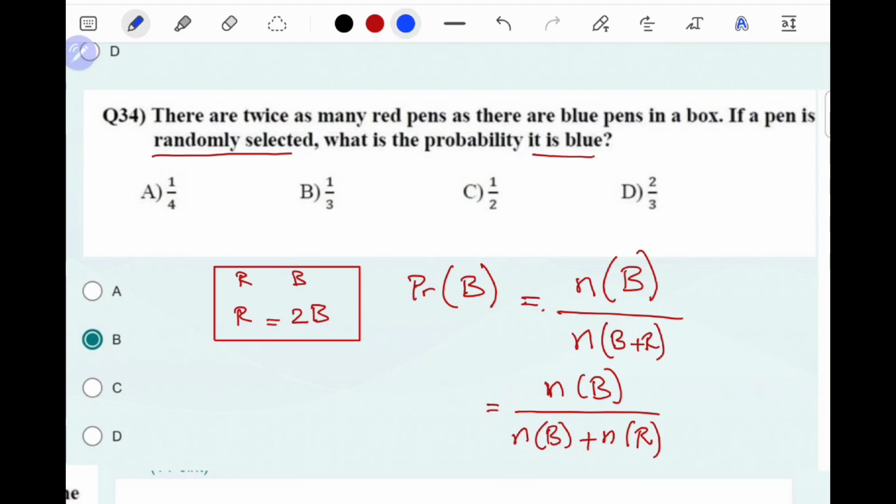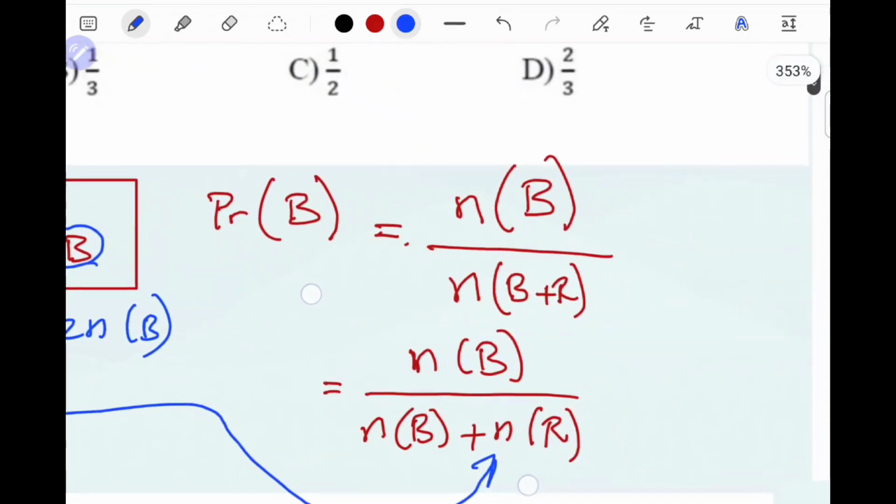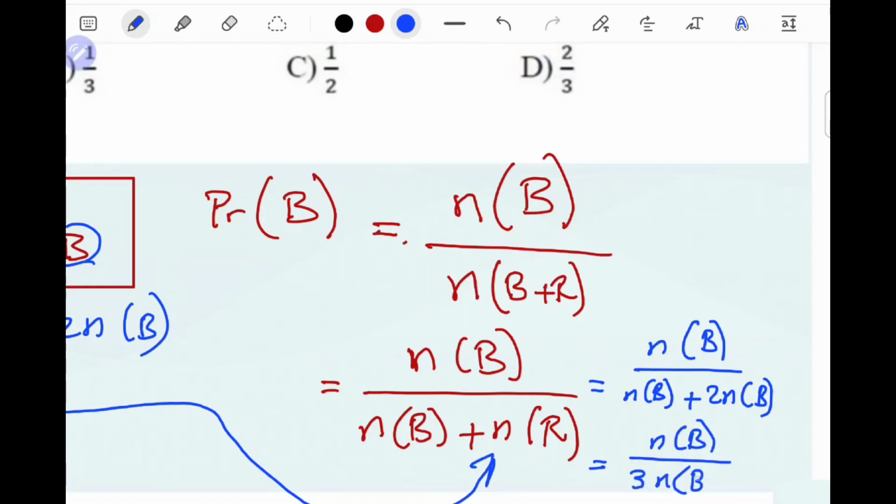And then from this formula, the number of red pins is equal to 2 times the number of blue pins. So we can substitute this value here to get NB divided by NB plus 2NB, and this is equal to NB divided by 3NB.